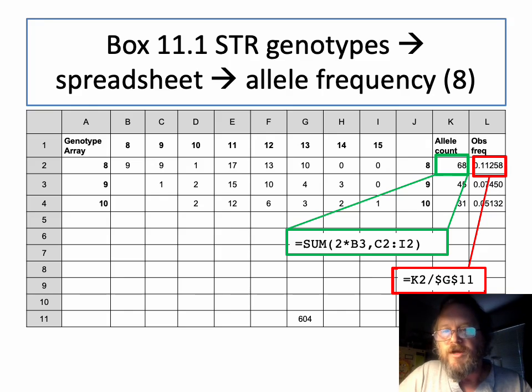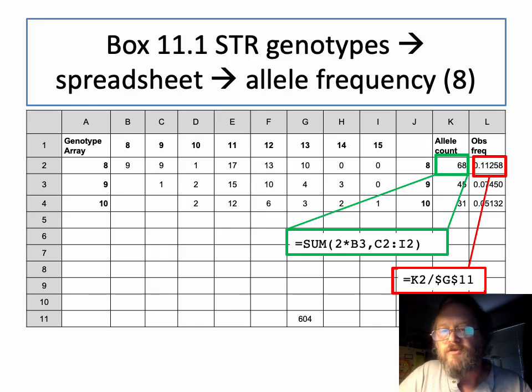So come over to K and type in equals, and then the equation that you're going to use is sum, parentheses, 2 times B3, so that's how I get my 2 copies there, comma, and then C2 colon I2, so that gives me the sum of all of those cells.